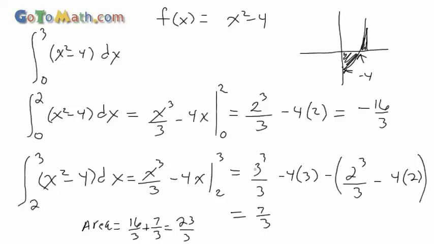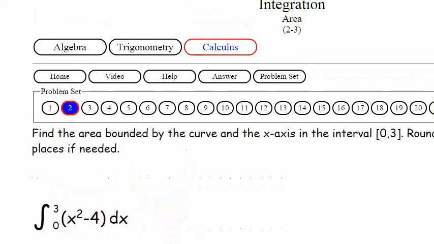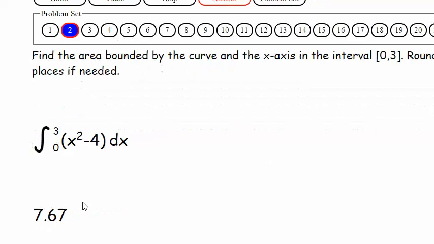So 23 over 3 is 7.67, so that's approximately 7.67. It said round to 2 decimal places. 7.67, and that's what the script shows.